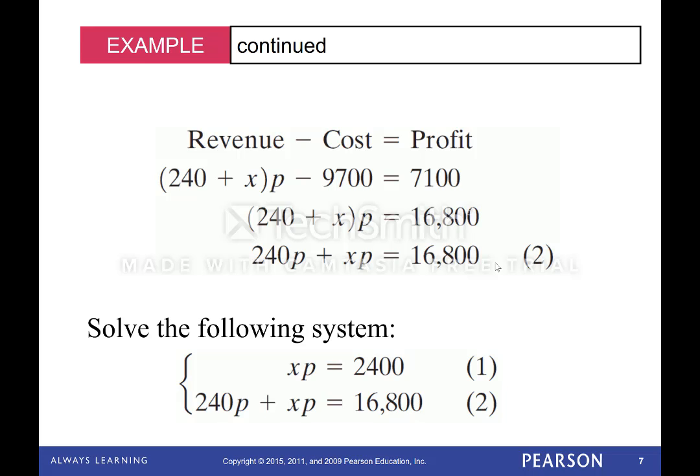All right, so if we set this up here, the revenue that she received was 240 plus X times P. The cost would be 9,700.